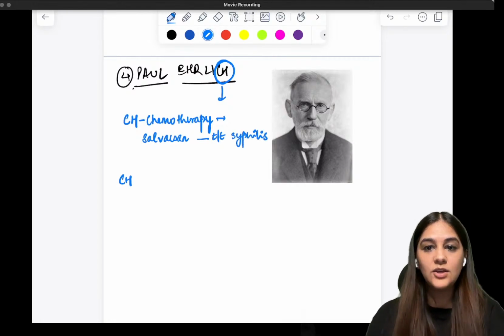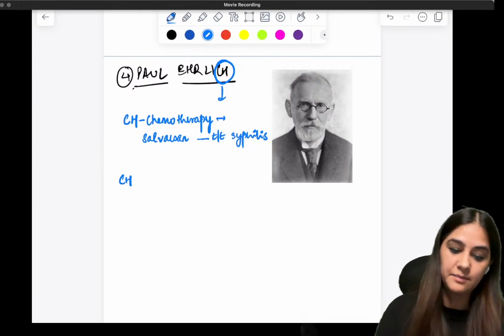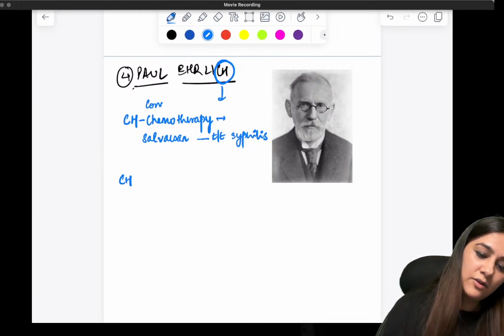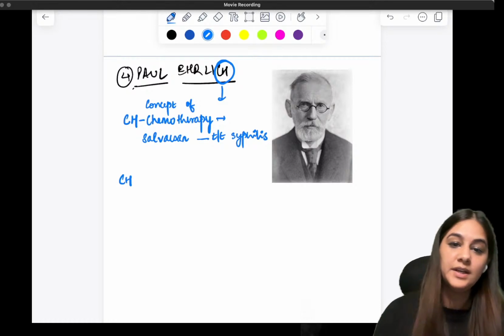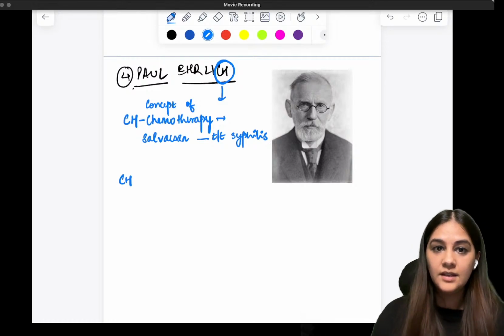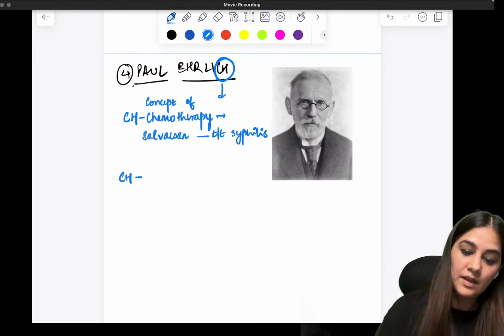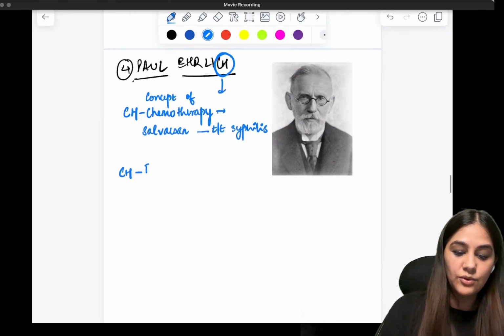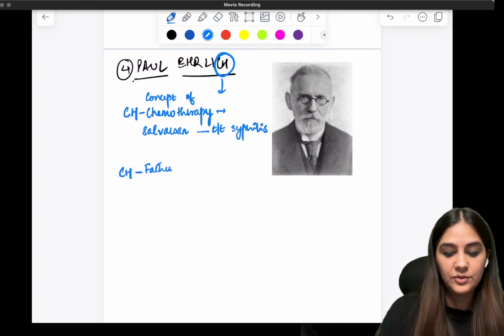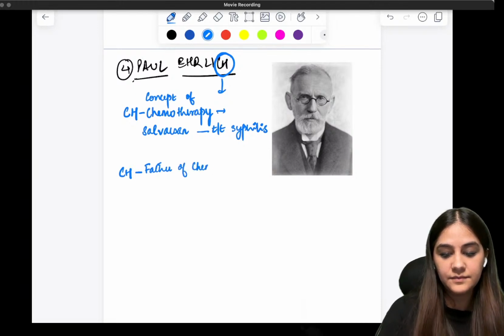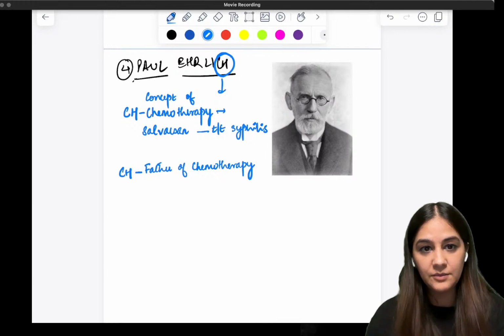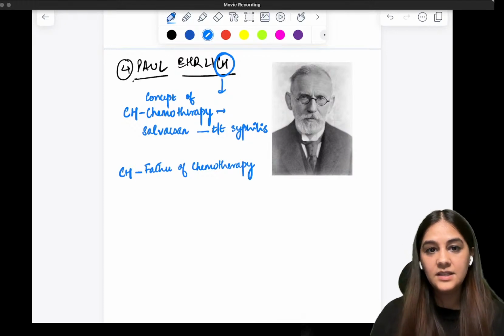So he gave us the concept of chemotherapy. That is why he is known as the father of chemotherapy, right?